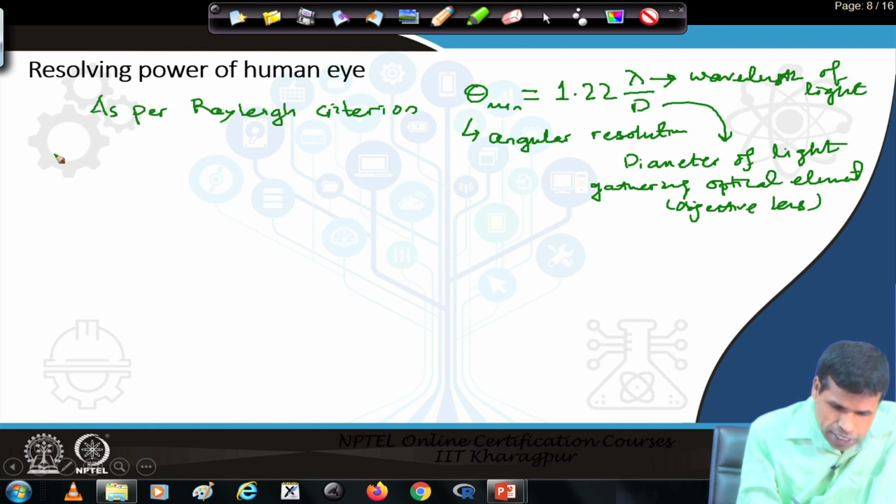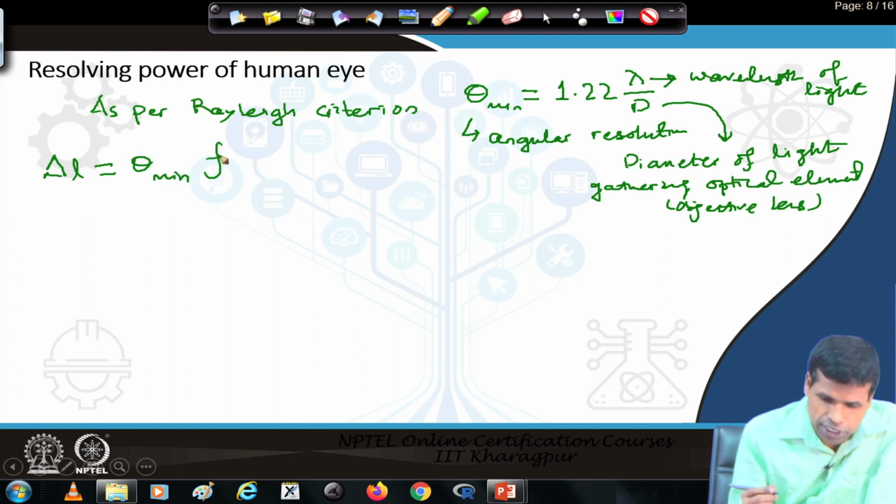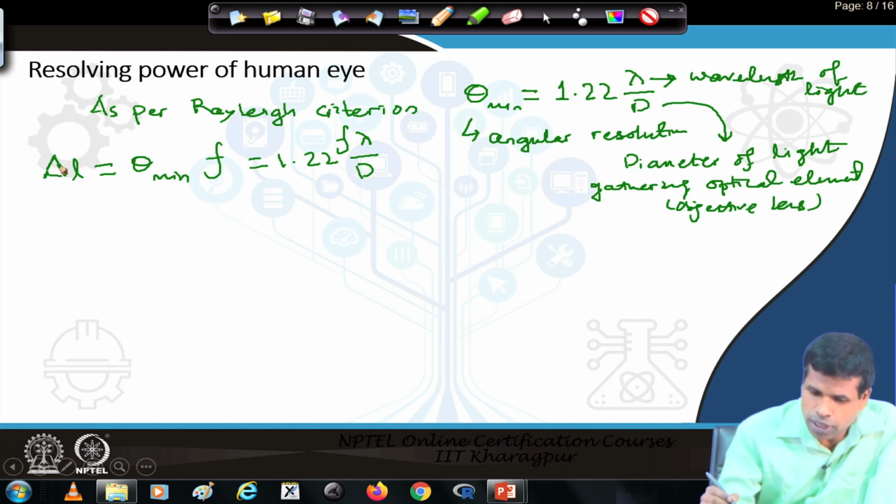So, we can write that del L is equal to theta minimum into f, where f is the distance between object and objective lens or our eye, which is equal to 1.22 f lambda by d. This is our spatial resolution.